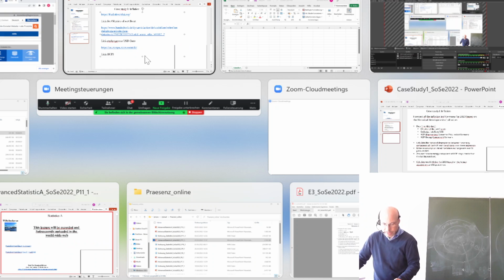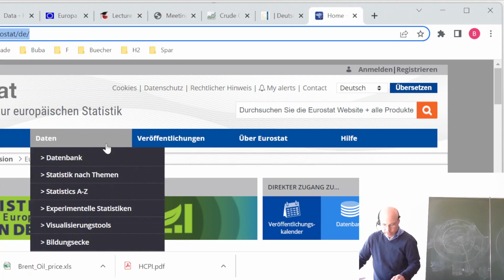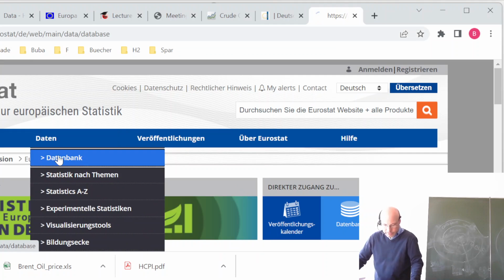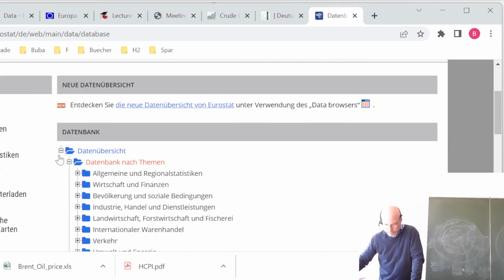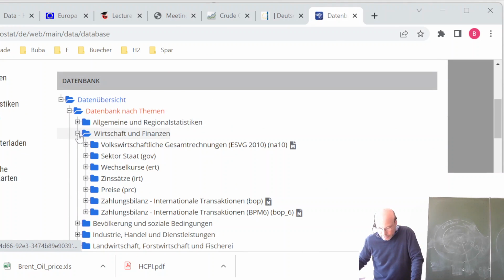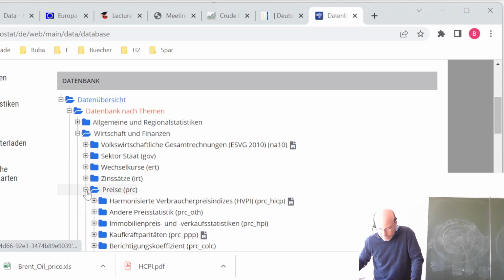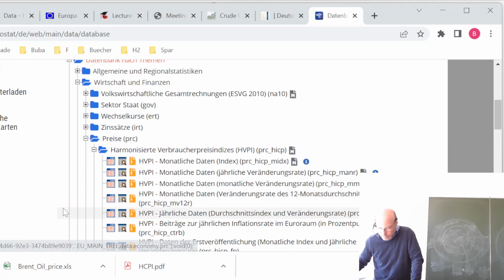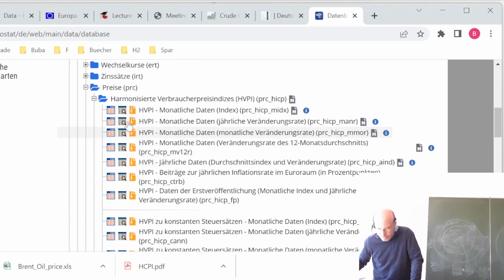So, and now here we are. Data. Of course, economics, prices, and harmonized consumer price indices and monthly data.